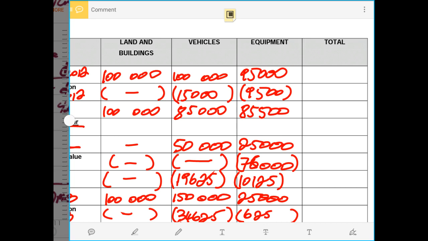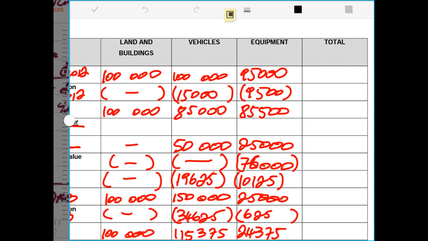Let us just add the 3. If you add, it will give us 295,000 rands. And add those, we get to 24,500. Make sure that still remains in brackets.